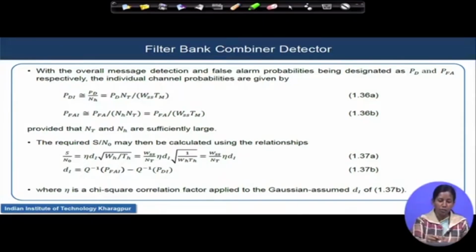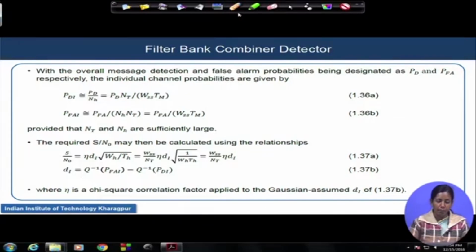We have the overall message detection and overall false alarm probabilities, which will be denoted as PD and PFA, and then we will have the individual channel detection probability and individual channel false alarm probability for this detector. This independent channel detection probability can be approximately given in terms of the total detection probability and the number of hops, and it can be explained like this, and the independent false alarm probability will come approximately as given by 1.36b.